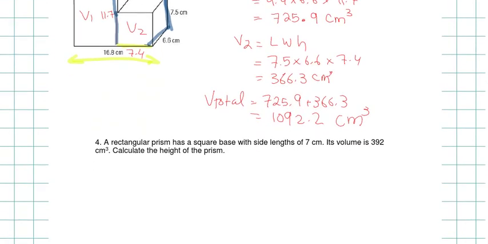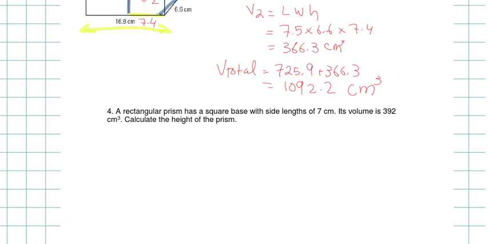So my next rectangular prism has a square base with side length 7 centimeter. Its volume is 392 centimeter cube. Calculate the height of the prism. What do I know about that square base prism?